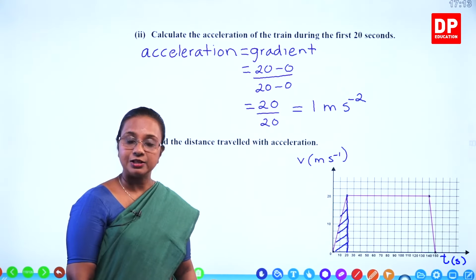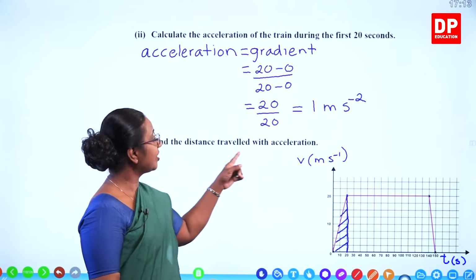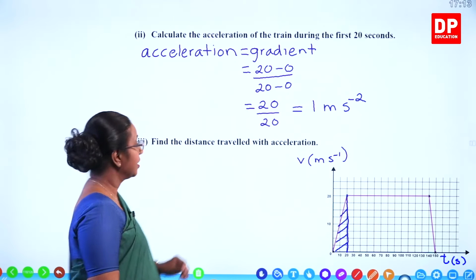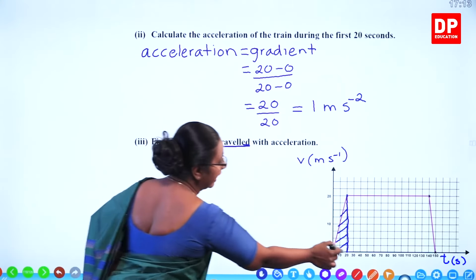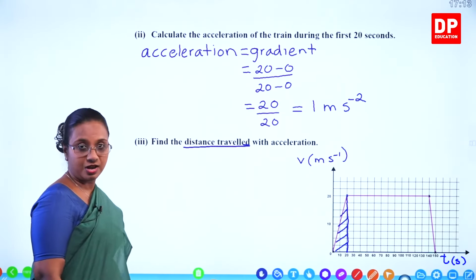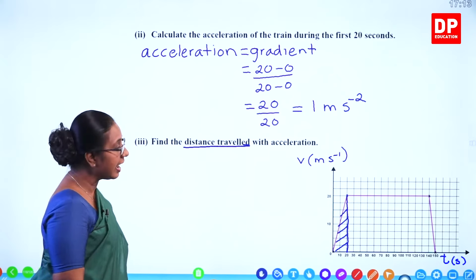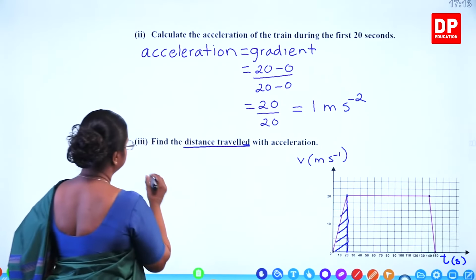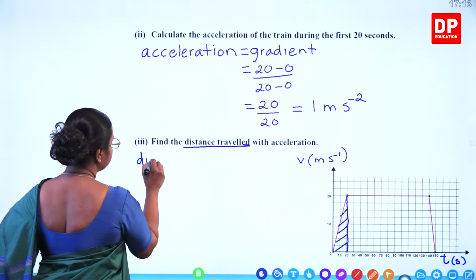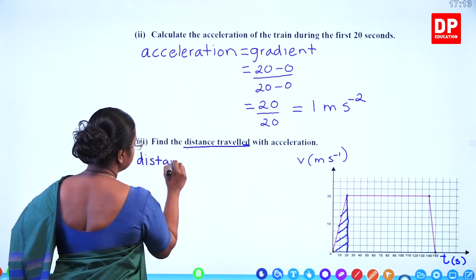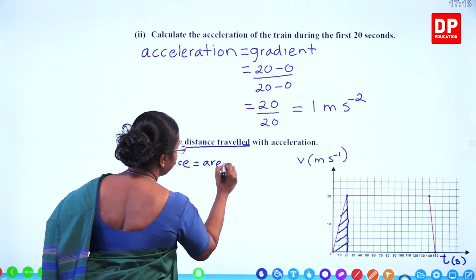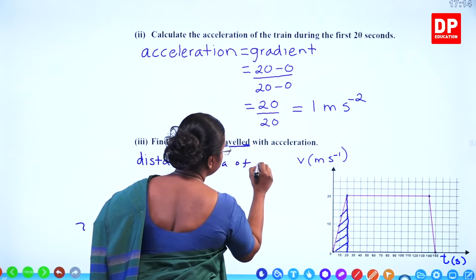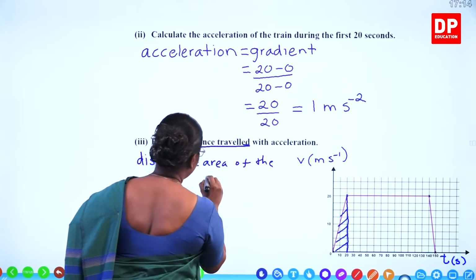So, how do we calculate the distance travelled? Yes, we calculate the distance travelled using the area of the triangle. That is the area under the graph. So, distance equals area of the triangle.